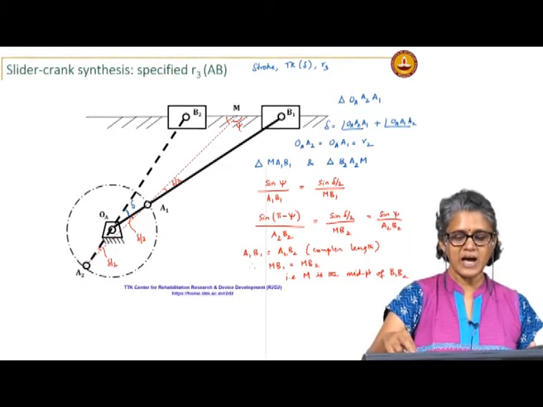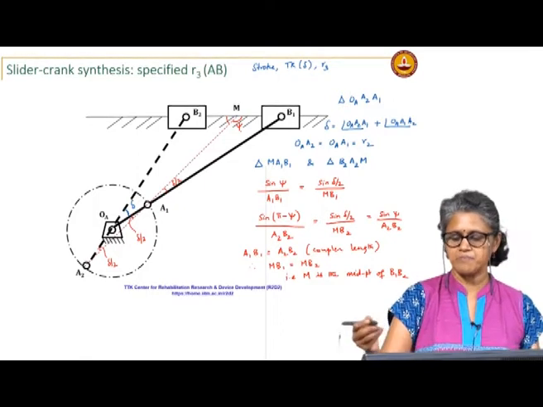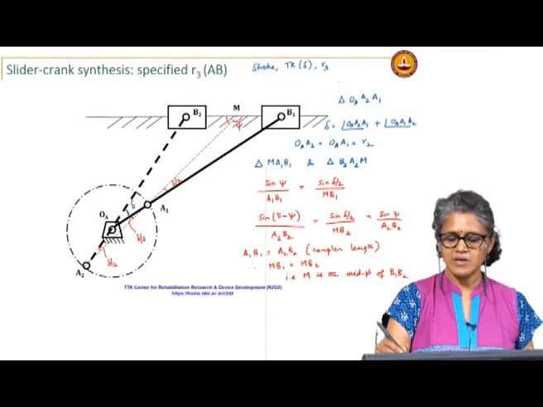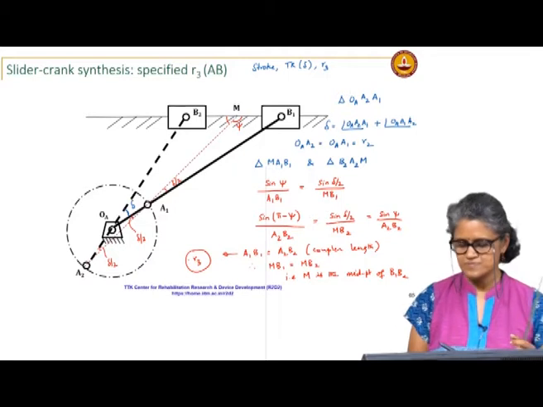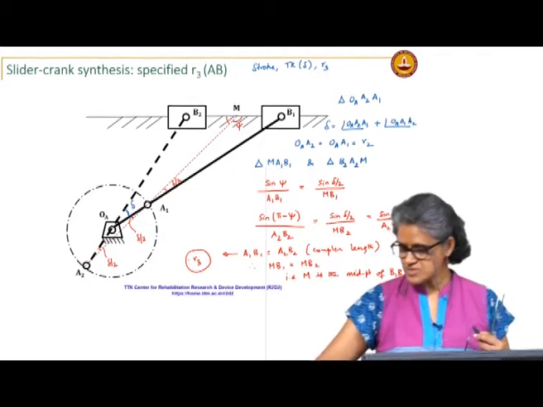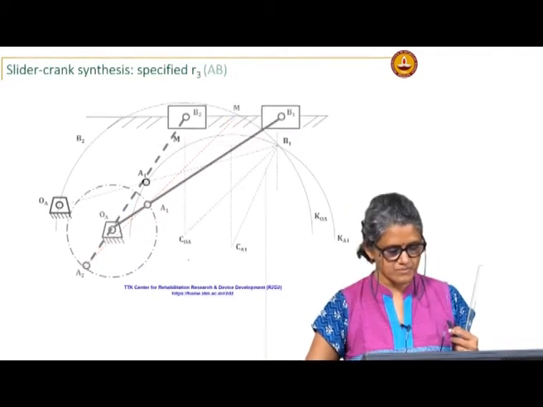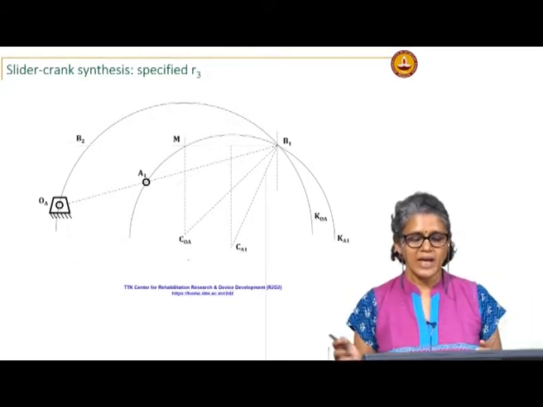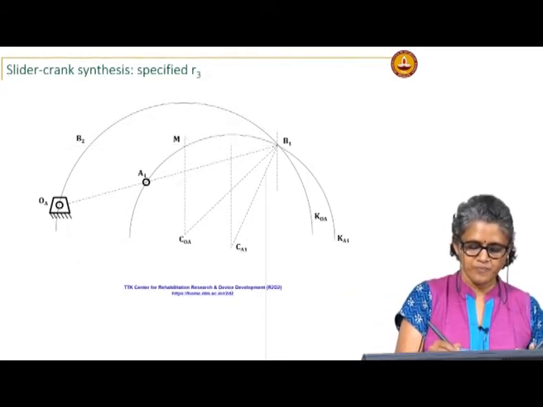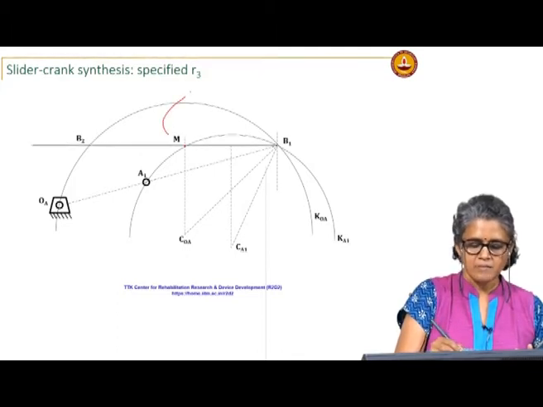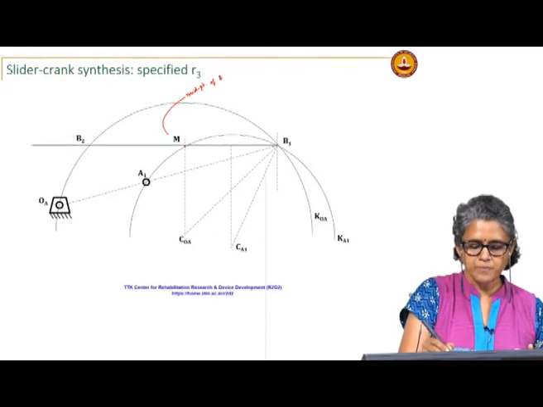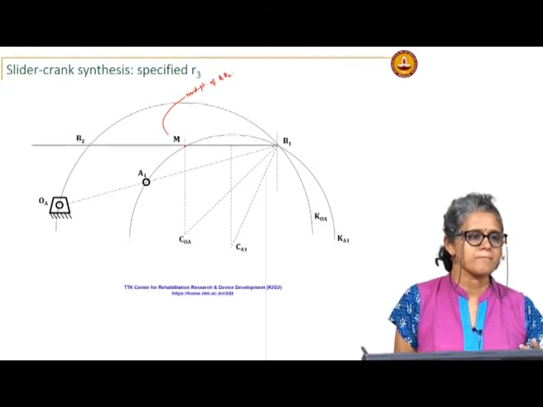Because I am given R3, R3 is A1 B1, right. This is the given R3, this is what I want to use. So, let us do that. So, I have B1 B2, I construct M, the midpoint of B1 B2. Okay.